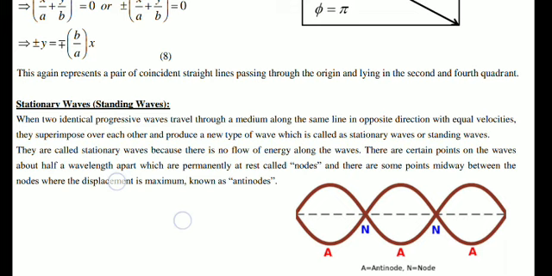Whenever a simple harmonic wave moves from one point to another, it also carries energy along with it, right? But whenever we get a standing wave, energy does not flow with respect to space. The energy is contained inside the wave itself. It is not propagated from one point to another.